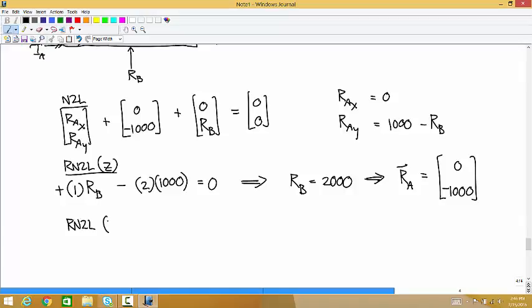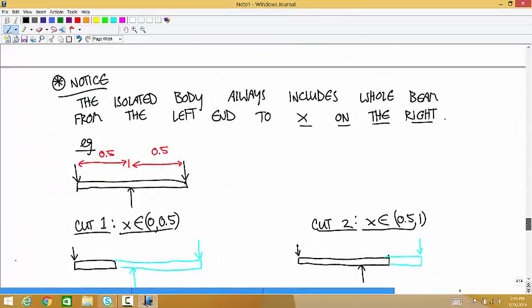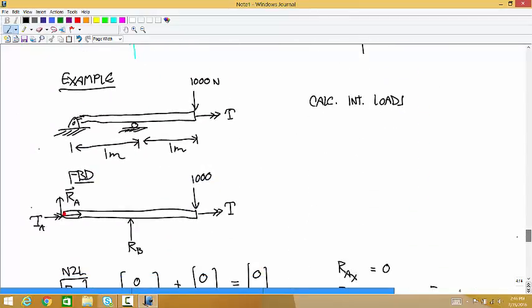And then the moment equation about the x-axis says TA... where's the problem? This doesn't make any sense. I have to give you a number here.